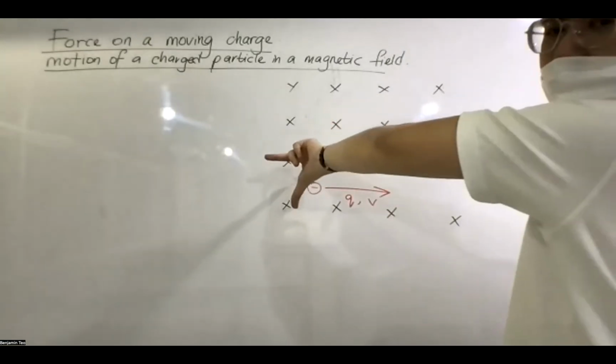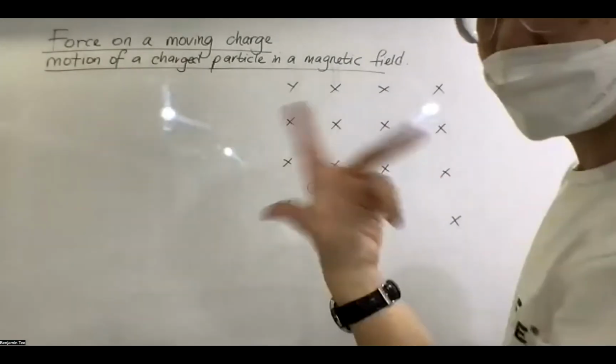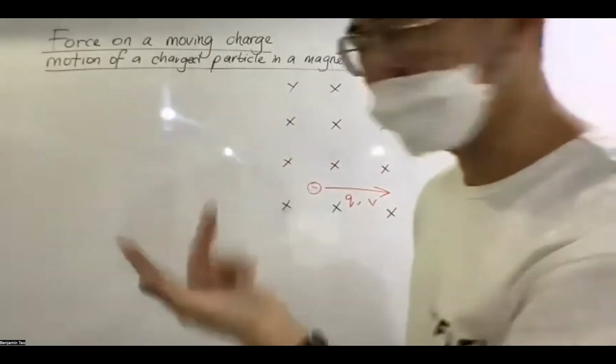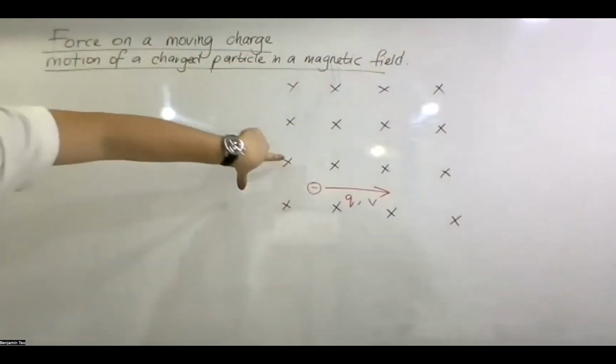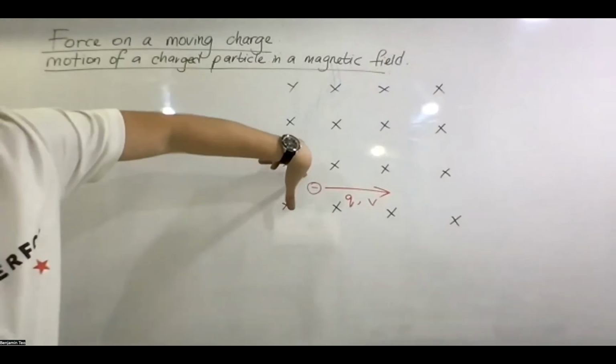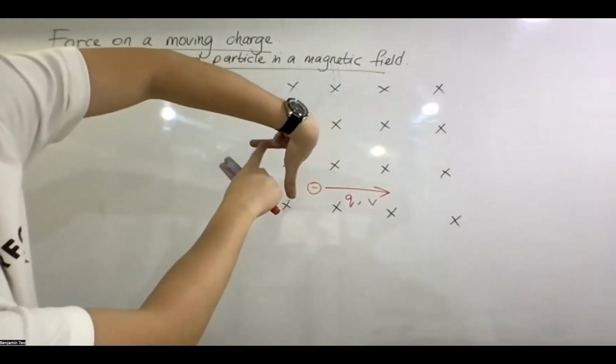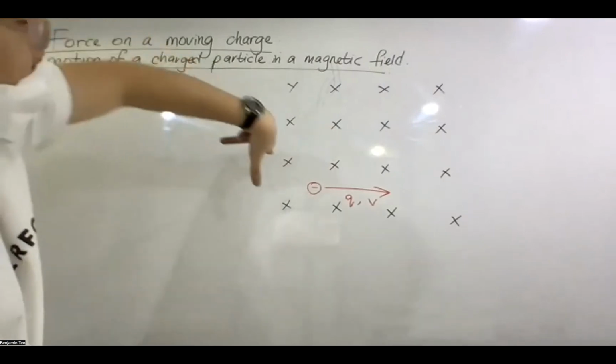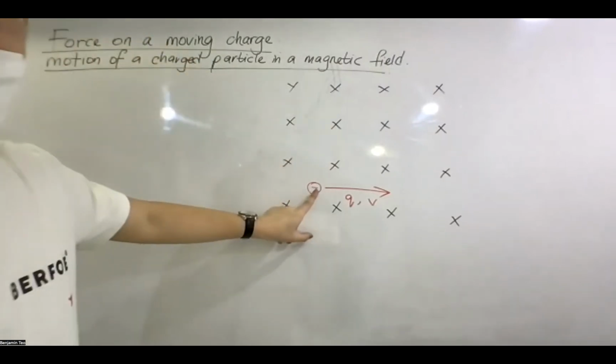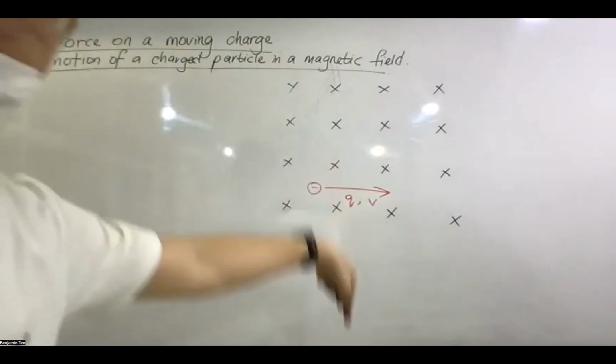Be careful when you twist your hand, don't sprain your hand. Okay, like this. So my middle finger is left, this one is to the board, this one is downward. So if it was a negative, then the force will be downward.